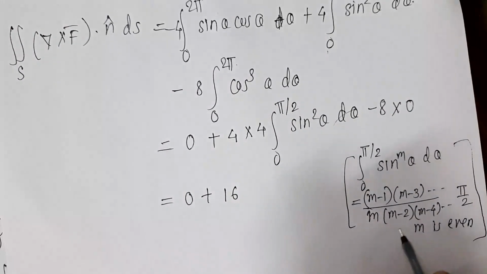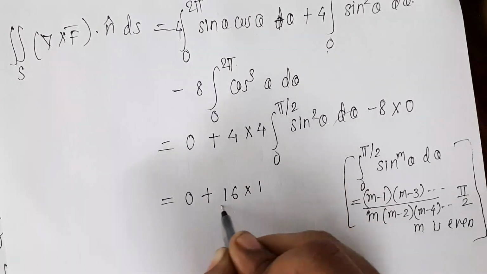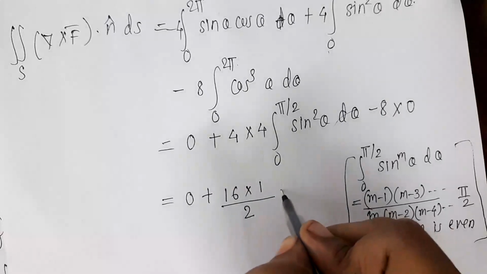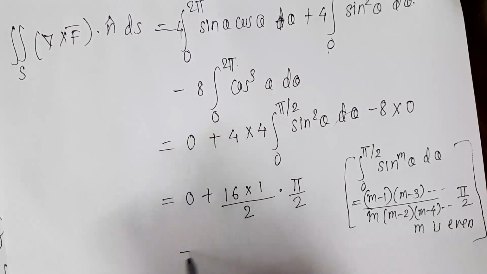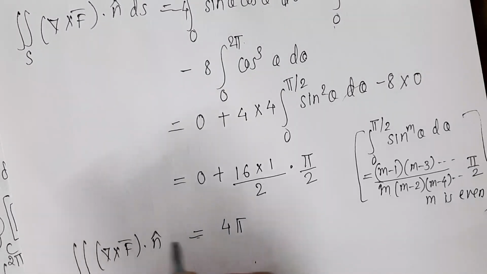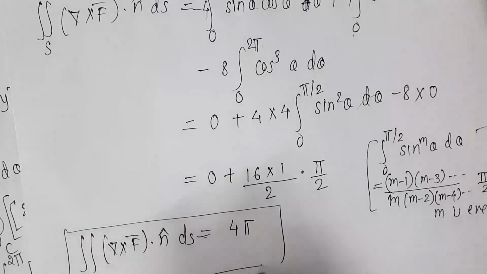It is equal to m minus 1, here m is 2, so 2 minus 1 is 1, divided by m which is 2, multiplied by, since m is even, pi by 2, which is equal to 4 pi. So this is the answer for the double integral over S of del cross f dot n cap ds. Thank you.